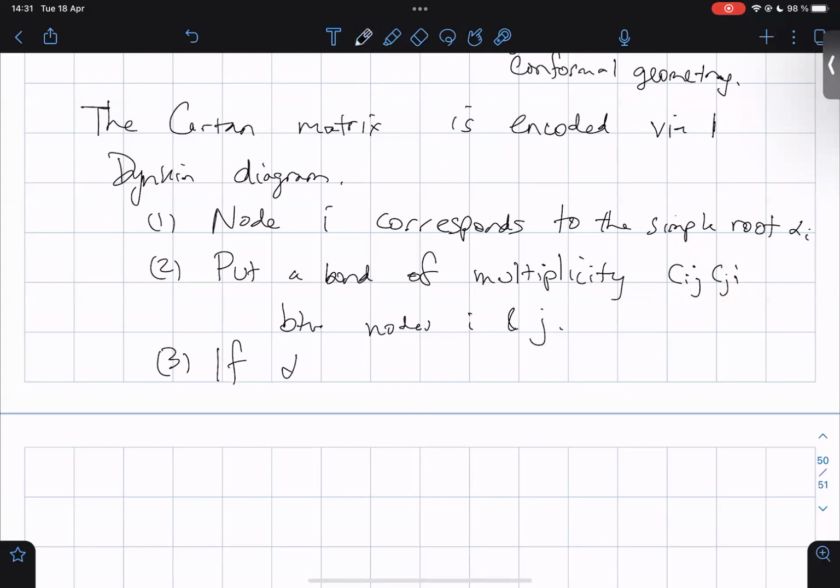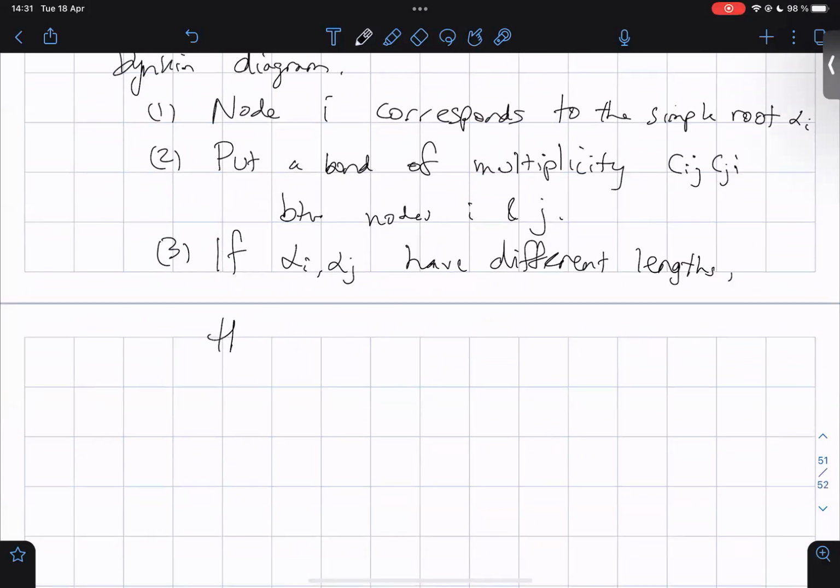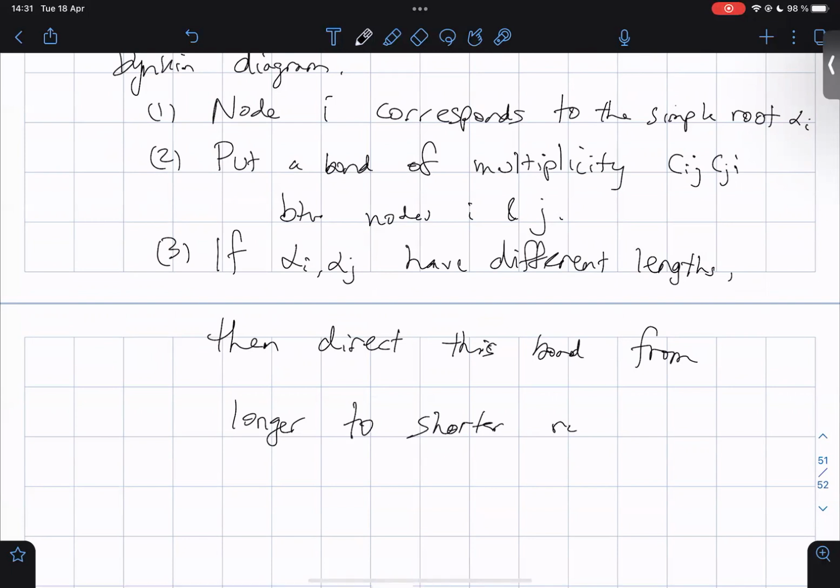If alpha I and alpha j have different lengths, we're going to direct this bond from the longer to the shorter root.